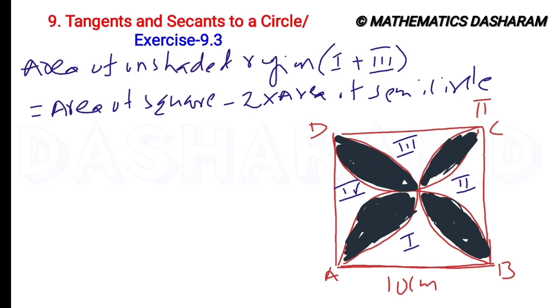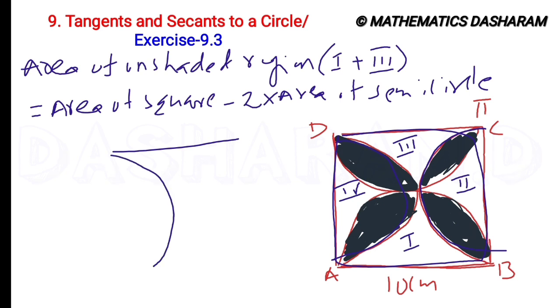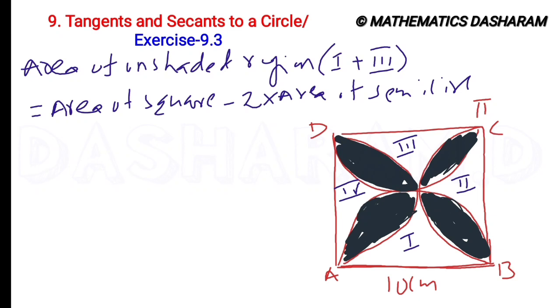Why? Because this is the area of a square. From this, if you remove the left side semicircle and right side semicircle, then what is the remaining portion? Here, unshaded portion 1 and unshaded portion 3. Okay, so that is why area of a square minus 2 into area of a semicircle.